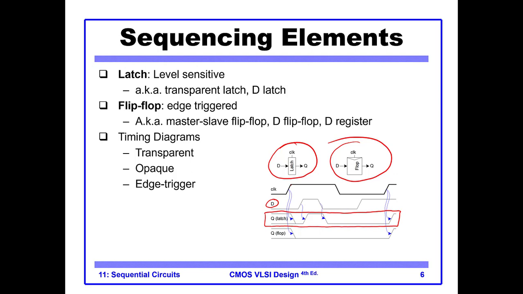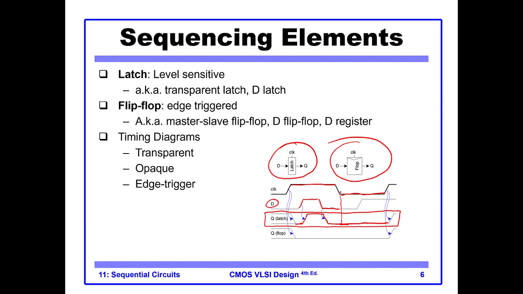So you see that whenever the clock is 1, the latch is transparent. The latch passes this information. So whatever is on the D, it appears here. At this point in time, the clock goes to 0, and whatever is in the latch remains stored.